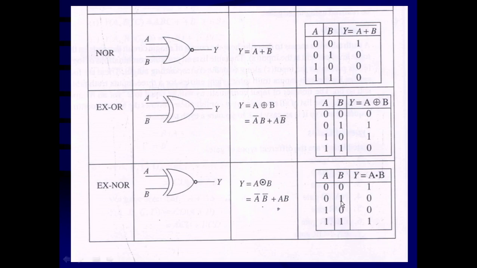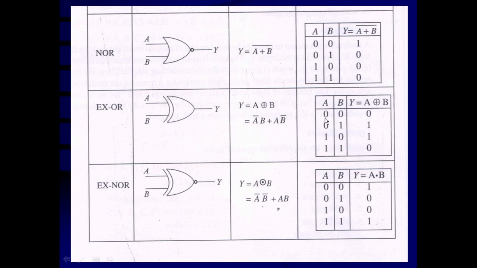What is the meaning of inequality comparator? If the inputs are different, either 0 1 or 1 0, the output is going to be high, 1. But if the inputs are the same, if A is equal to 0, B is equal to 0, then the output is going to be 0. A is equal to 1, B is equal to 1, then also the output is going to be 0.